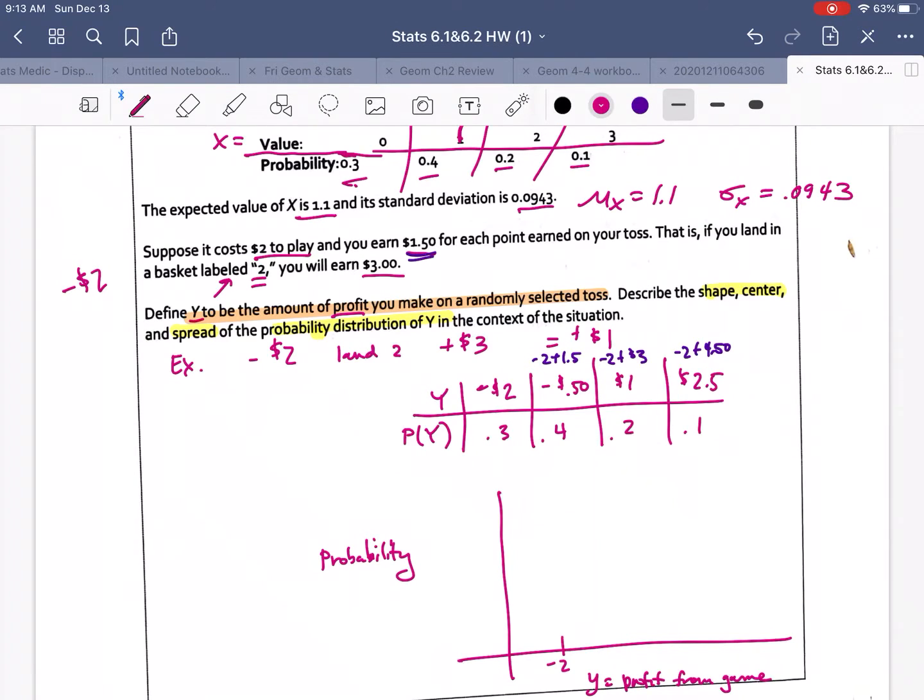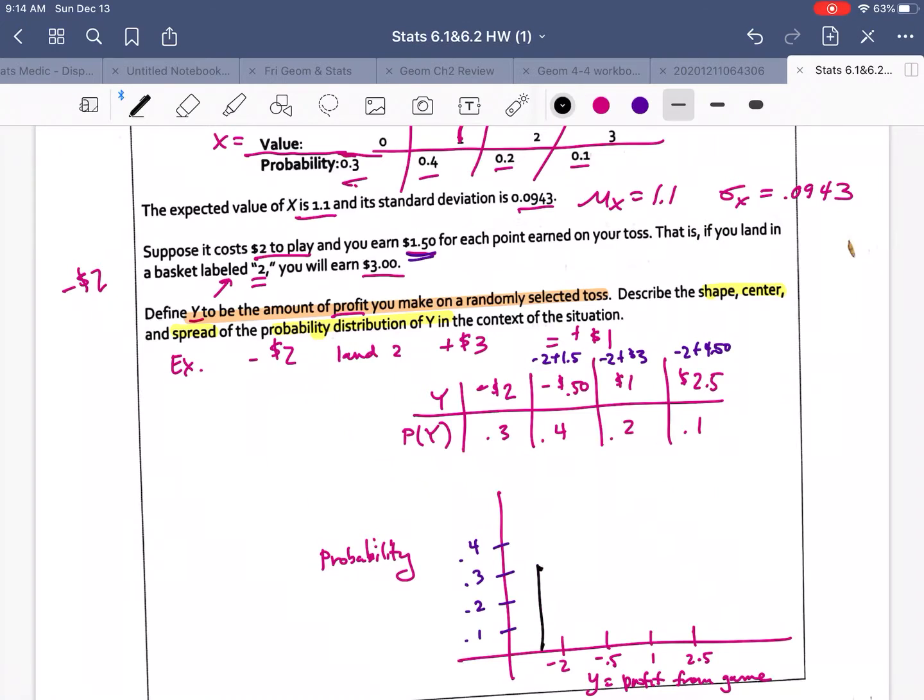I'm either going to lose $2, lose 50 cents, gain $1, or gain $2.50. Those are my only possible outcomes. So what are the probabilities of those? 0.1, 0.2, 0.3, and 0.4 are my possibles.